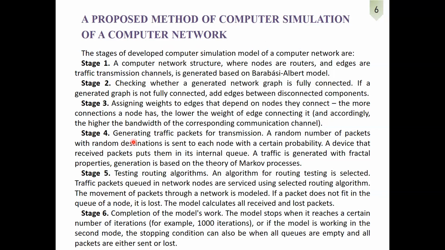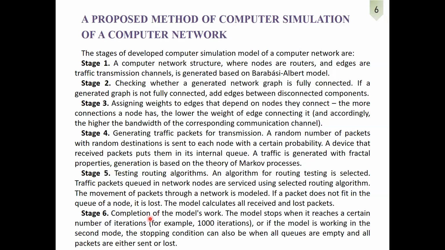At stage 4, generate traffic packets for transmission. A random number of packets with random destinations is sent to each node with a certain probability, and we use traffic generated with Markov processes. Stage 5, we test 3 routing algorithms: OSPF, OSPF with moving average prediction, and our method based on fractal dimension.